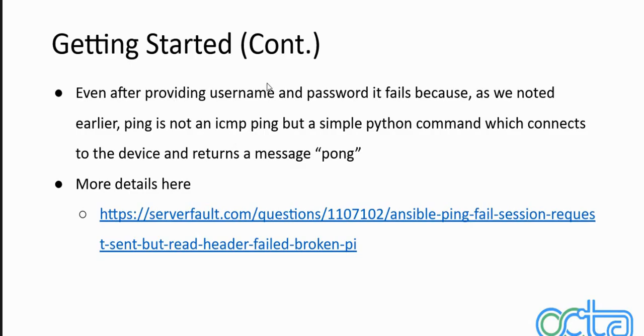Even if you provide username and password, it fails because this is not an ICMP ping, it is a Python module. So even if you provide details, it will try to go and execute the Python code on the router and it is going to fail.